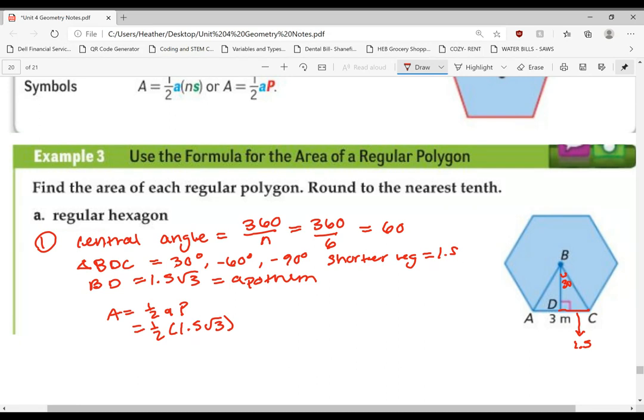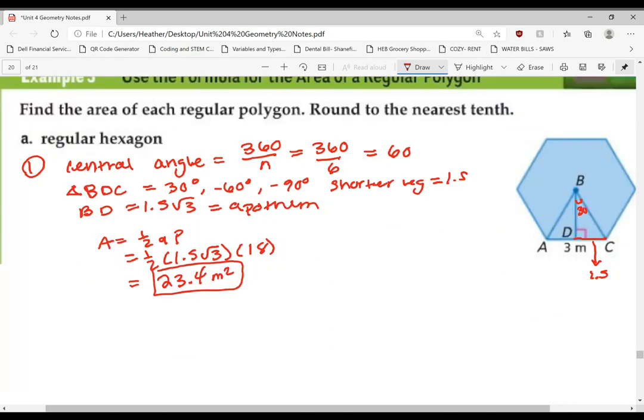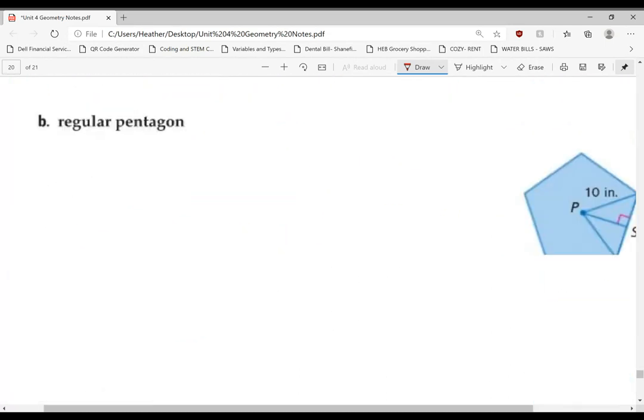Since this is a hexagon, we have 6 times 3, which is 18. So this times 18. When we multiply these all together, this is about 23.4 meters squared. Okay, let's look at part B.